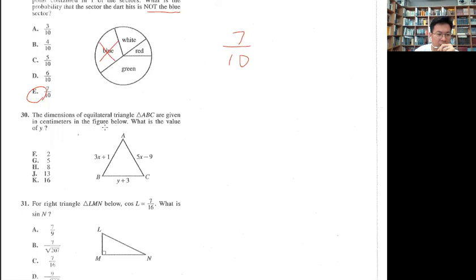Equilateral triangle. What is the value of y? So let's equal this 2 out first, which is 2x equals 10. X is 5, plug in 16 is this, y is 13.